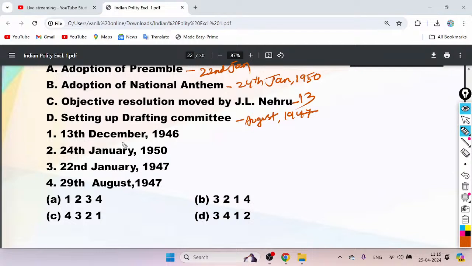And adoption of national anthem is 2. Then it is 1. So answer will be B.